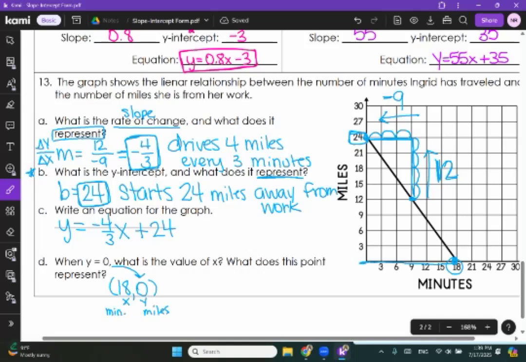Why would it be 0 miles in 18 minutes? That means that she has made it to work. She has reached her destination. So she made it to work in 18 minutes. Okay. So now it's time for you guys to practice this on your own.